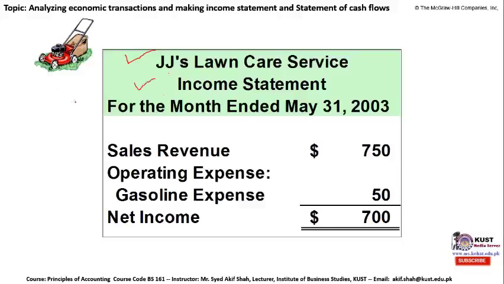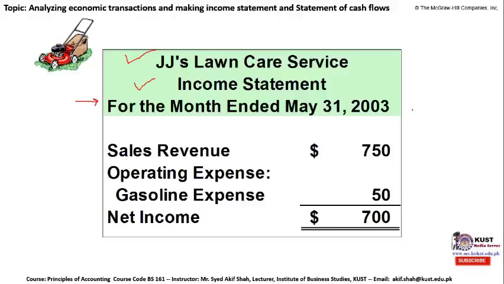Here the pattern to write down the date is different than the balance sheet, which is for the month ended May 31st, 2003. Since this covers a period of time, the generally accepted accounting principle is to mention the date for the income statement in this fashion.